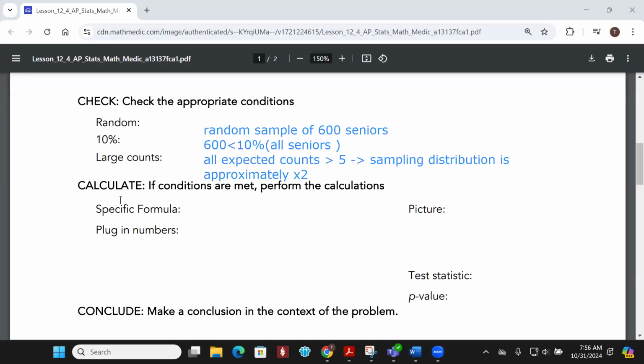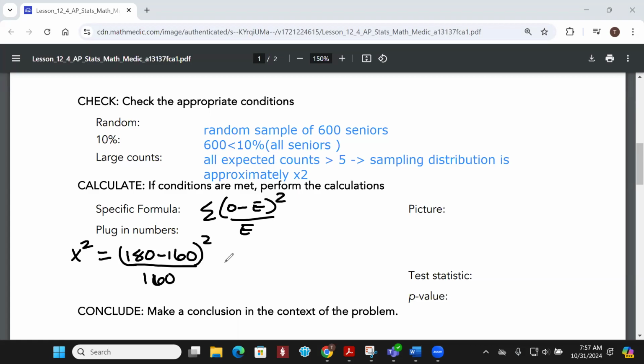So the specific formula, you're going to have the summation of observed minus the expected, squared, divided by expected. We're going to plug in all the numbers. So chi-squared is equal to (180 minus 160) squared divided by 160. Don't forget your squared.